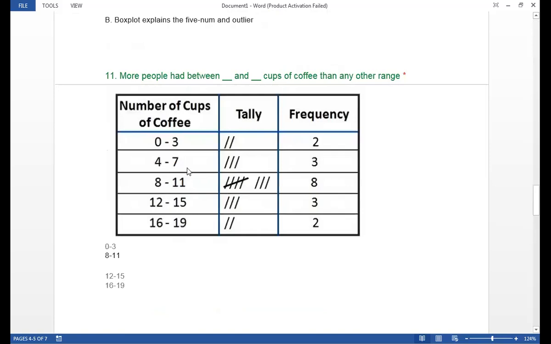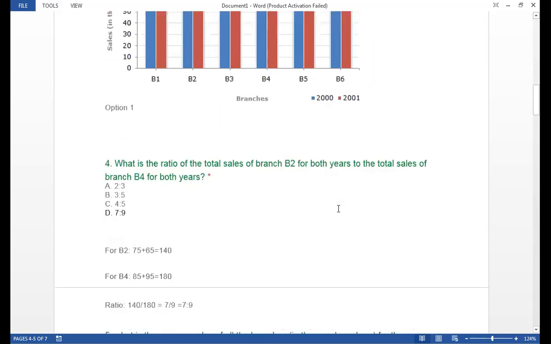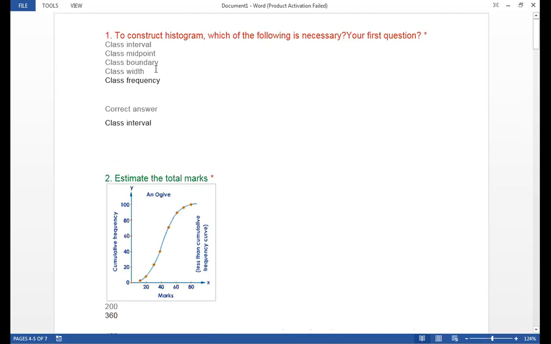If I want to form a class boundary from this, I will just say from 0 to 3.5, from 3.5 to 7.5, 7.5 to 11.5. So we produce a boundary such that where a class ends, the next class starts. So they are actually gotten from the class interval. If you don't have the class interval, you cannot get the class boundary. So that's to rule out class boundary from the options.